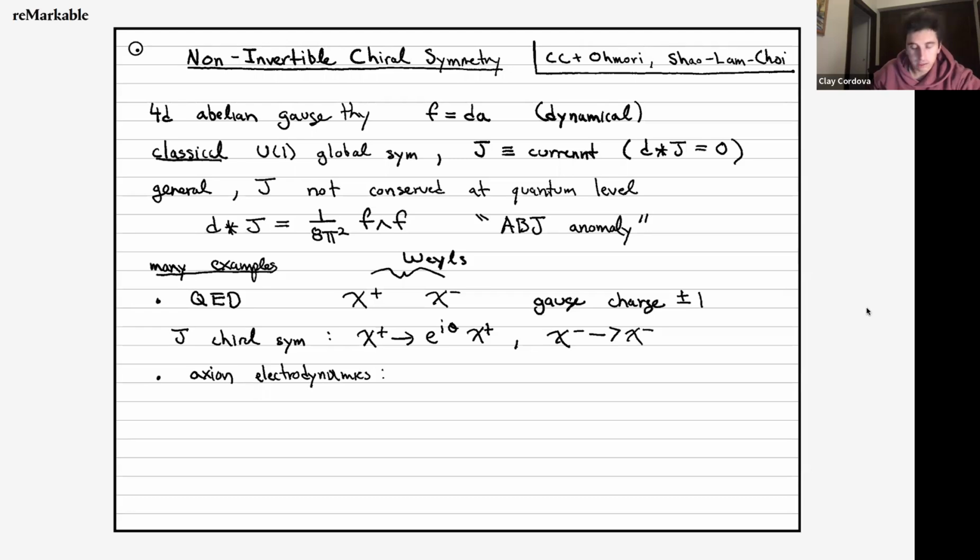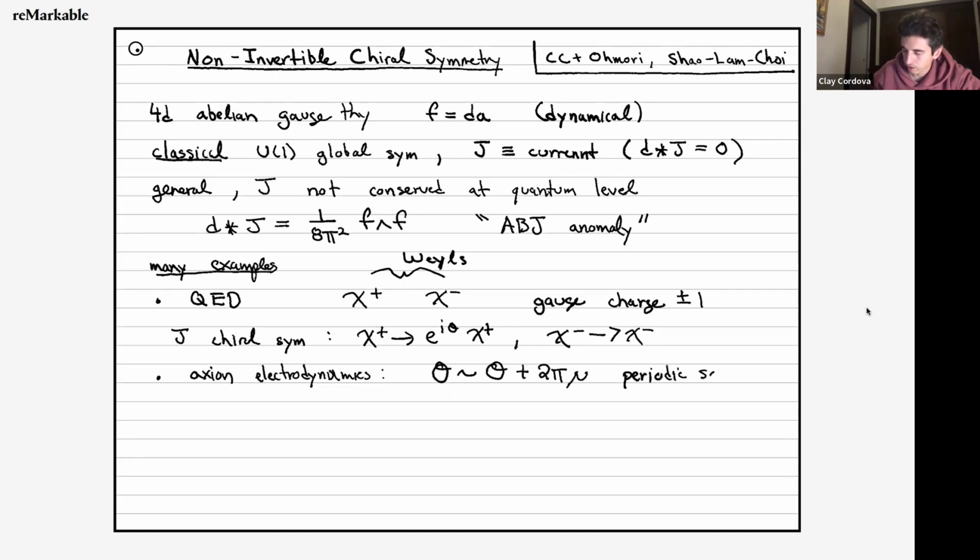In that class of examples, one has a periodic scalar field theta. It's periodic, so it's identified with itself with some periodicity. We'll call it 2 pi mu. This mu is sometimes called the axion decay constant.